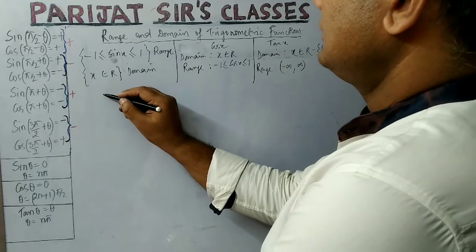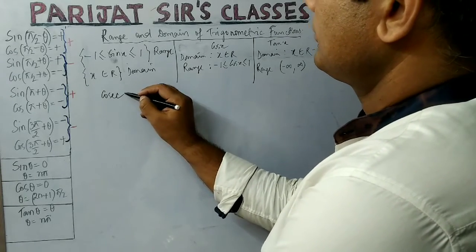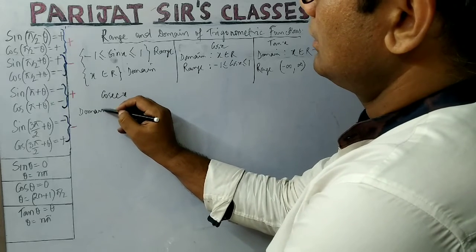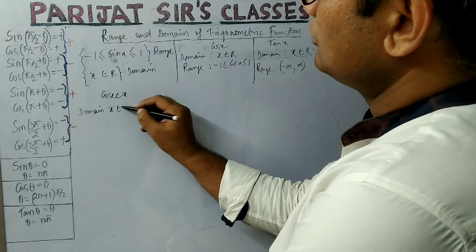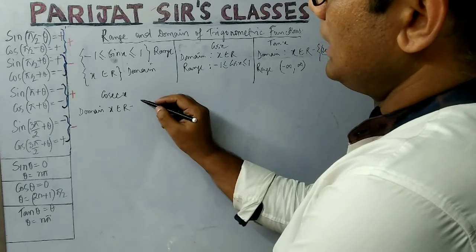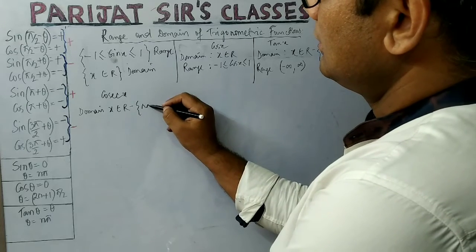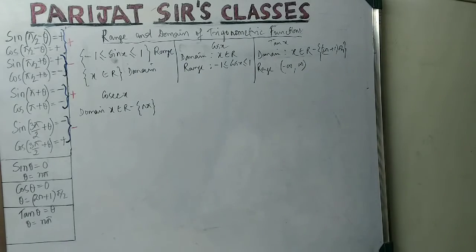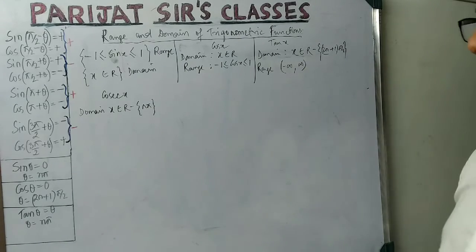Now, let us think about cosec x. The domain will be x belongs to real numbers minus n pi.